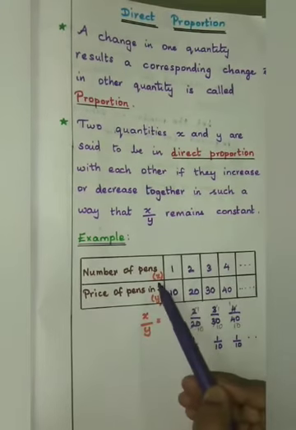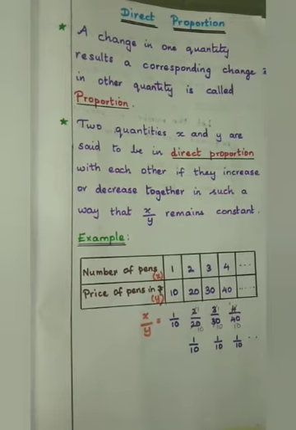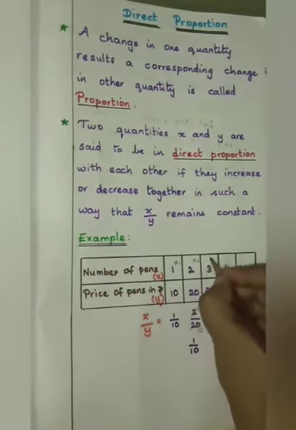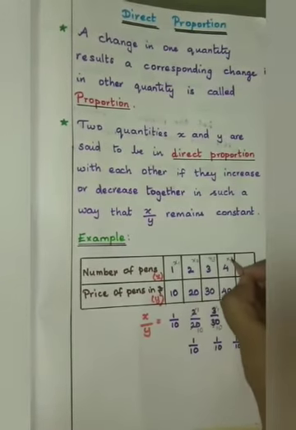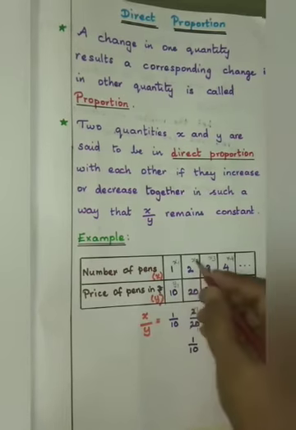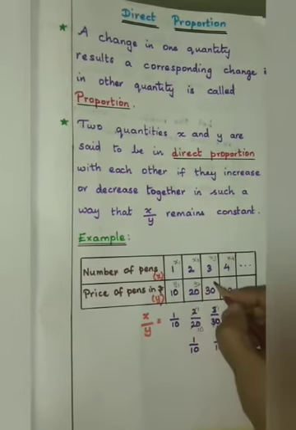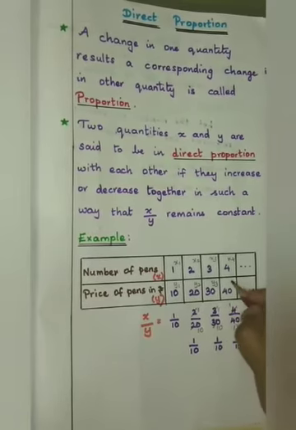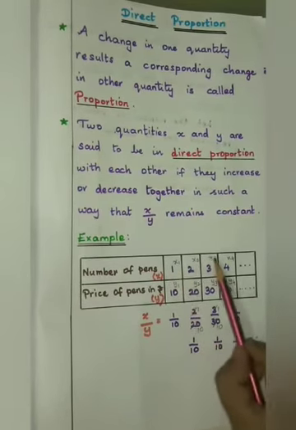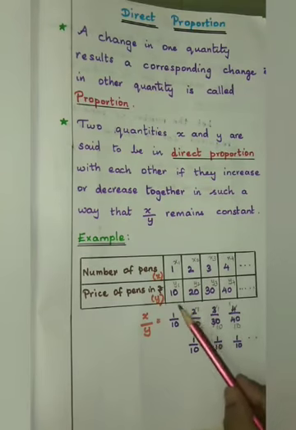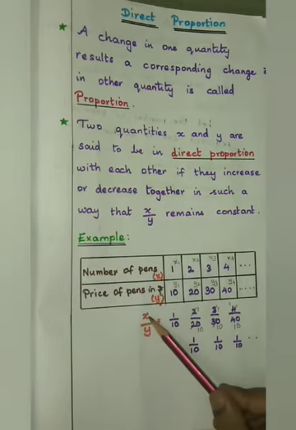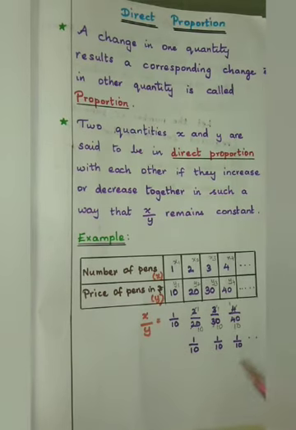Now you take the values of x as x1, x2, x3, x4, and the corresponding values of y as y1, y2, y3, y4. So here, as the number of pens increases, the price of the pens also increases and x by y remains constant.